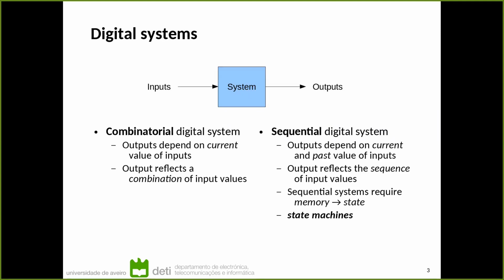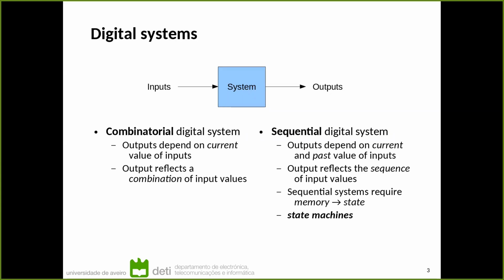On the other side, we have sequential digital systems, where the outputs depend on the current value of inputs, but also on the past value of inputs. And so we can say that the output reflects the sequence of input values, or in other words, the history of the inputs. In order to preserve the history, a sequential system requires memory.